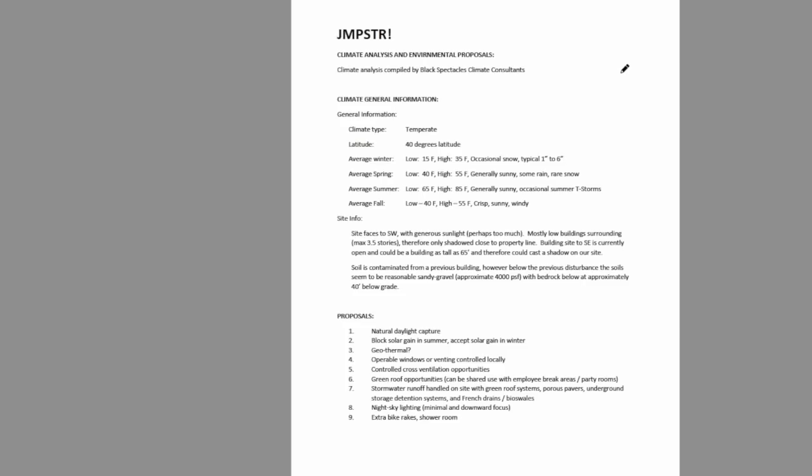Now we have a climate analysis and environmental proposals. And so this is just giving you a sense, we've got some information here about the climate. It's a temperate climate. It's at 40 degrees latitude.